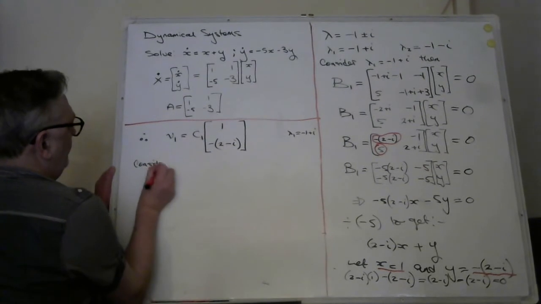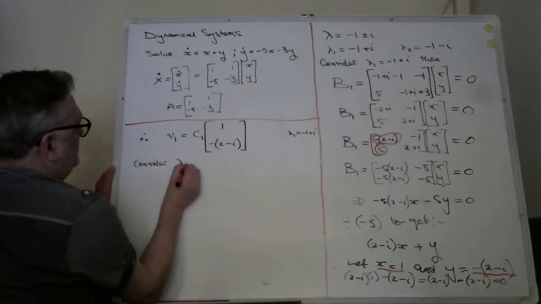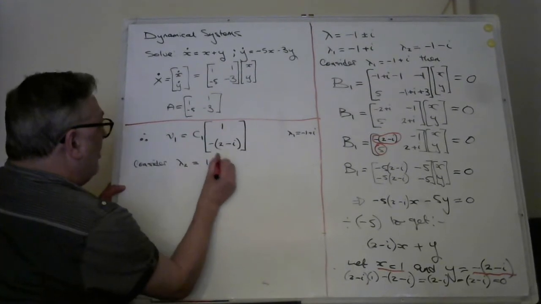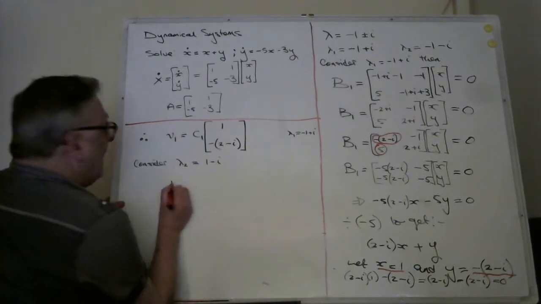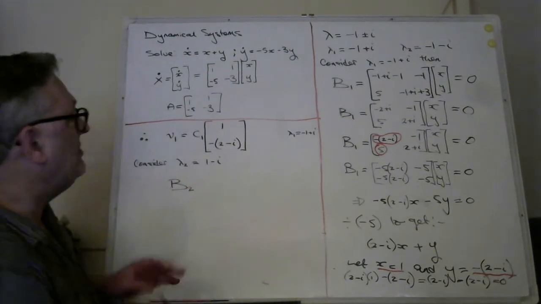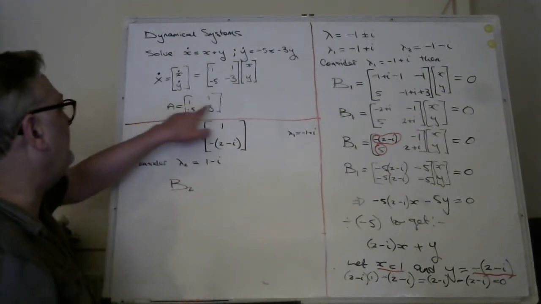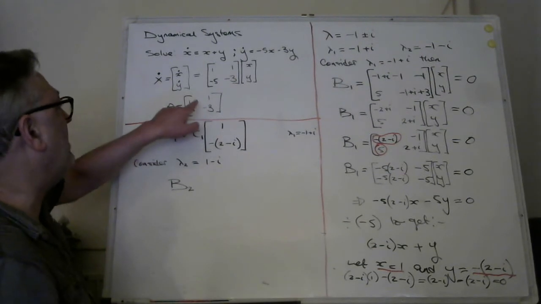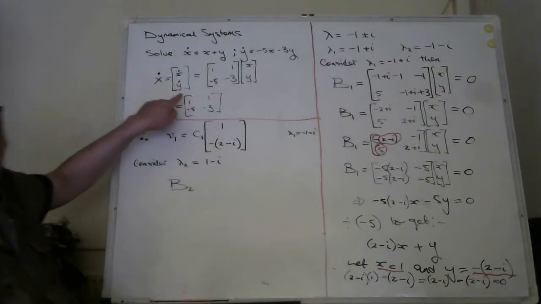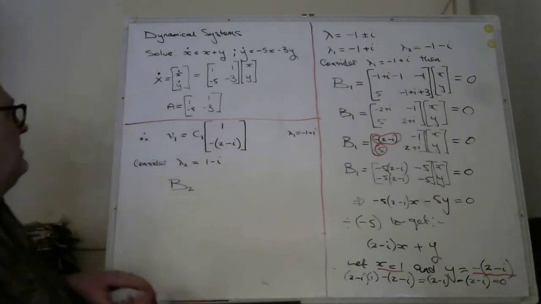Now, consider lambda 2 equals 1 minus i. Well, then we get another matrix, B2. So if you remember, the matrix that comes after this is the determinant part from which you form the characteristic equation.